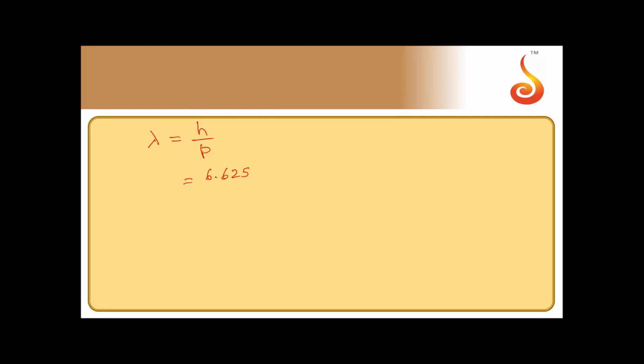So, h is 6.625 into 10 to the power minus 34 divided by p, which is given as 2.2 into 10 to the power 4. So, roughly this is 3 into 10 to the power minus 30 meters.